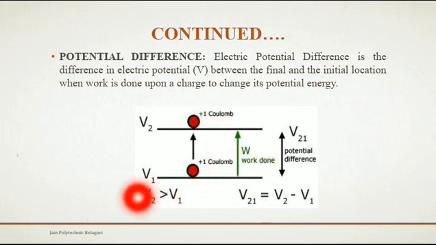You can see here V1 is the initial potential, V2 is the final potential. The difference between V1 and V2 is given by V21, that is the potential difference. It is denoted V21 = final voltage minus initial voltage.